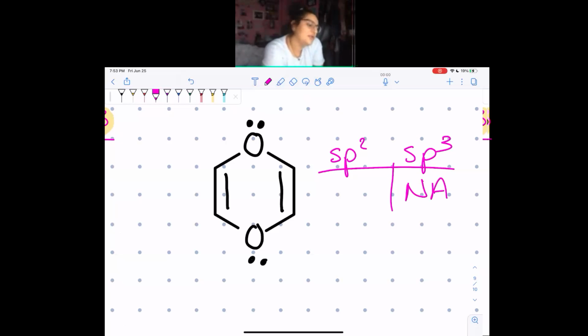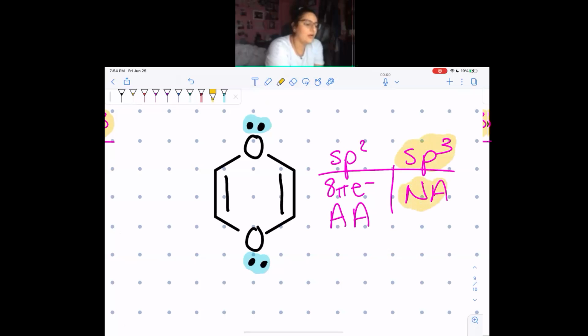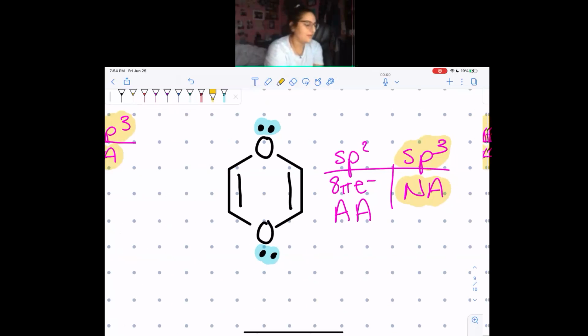If they're sp2, we have to count one lone pair from each oxygen. So we have in total 2, 4, 6, 8. Big yikes. 8 pi electrons, we just said, is anti-aromatic. So in this example, both oxygens are going to be sp3, and overall it will be non-aromatic. So that would be the difference here.